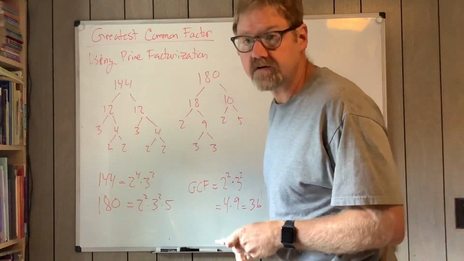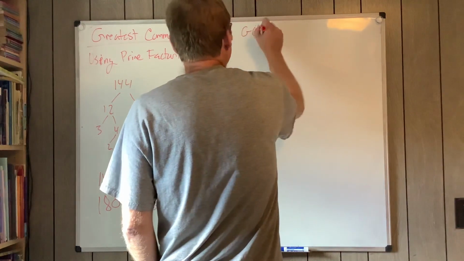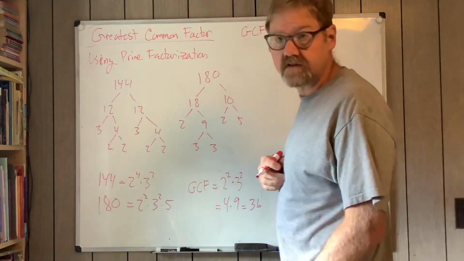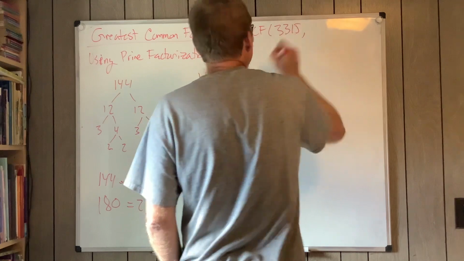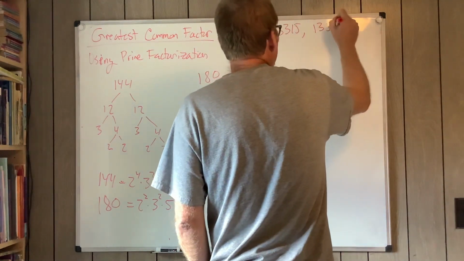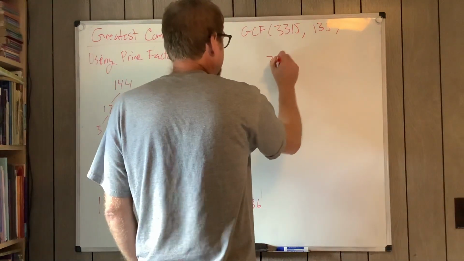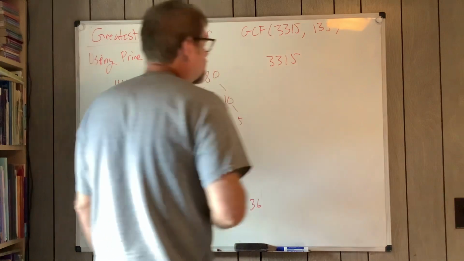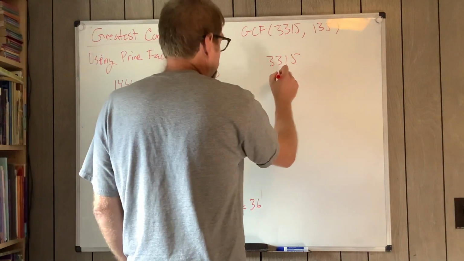We're going to do this a little different way too. GCF, because we'll see that this can be a bit of a pain. 3315 and 135. Okay, so 3315. I'm going to prime factor this one out.